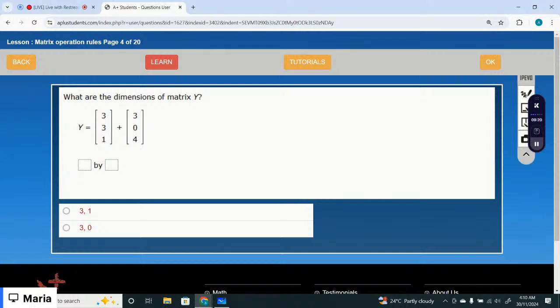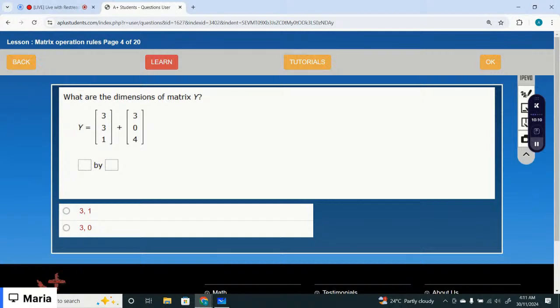What are the dimensions of matrix Y? Matrix Y has the same dimensions as the given two matrices, that would be 3 by 1.